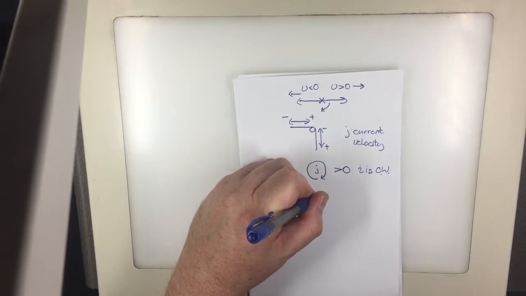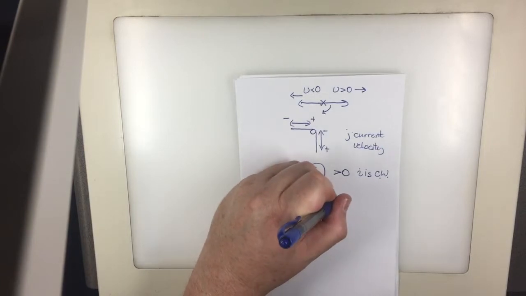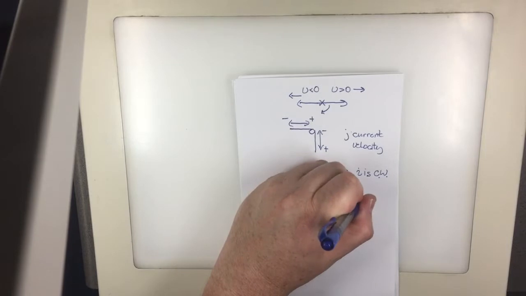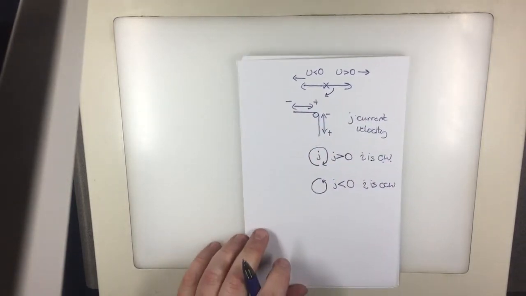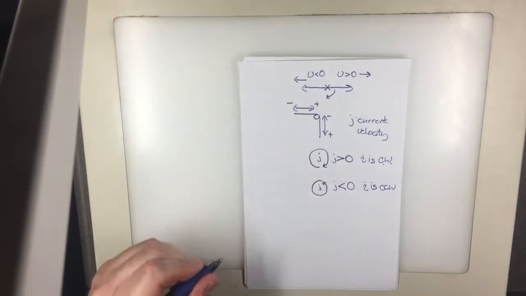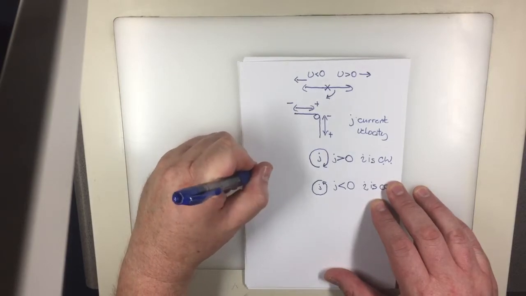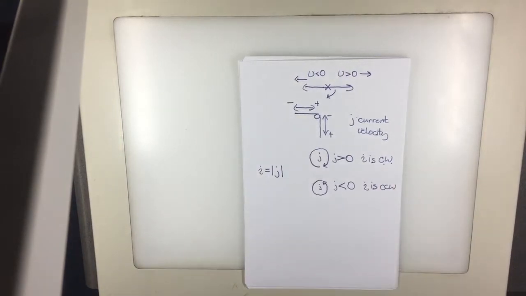If the J is negative, the I is counterclockwise. And the way that I generally think of the relationship between I and J is I is equal to the absolute value of J.